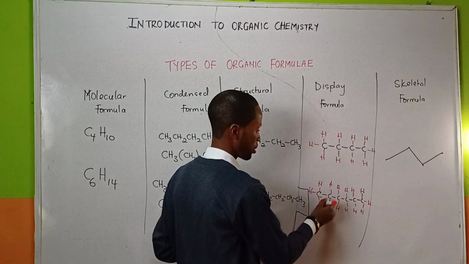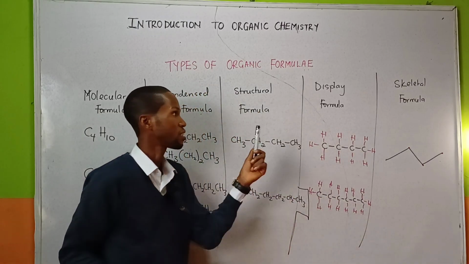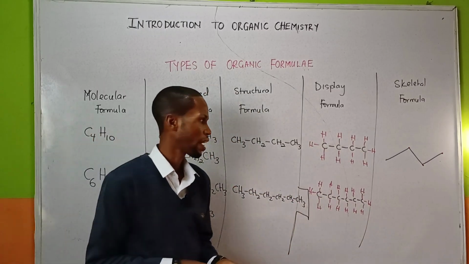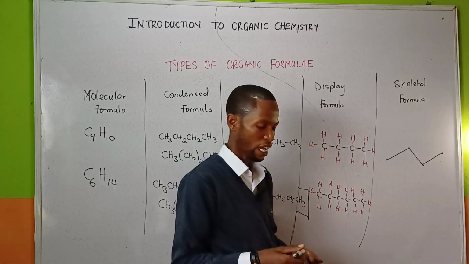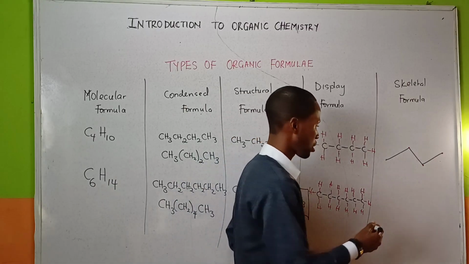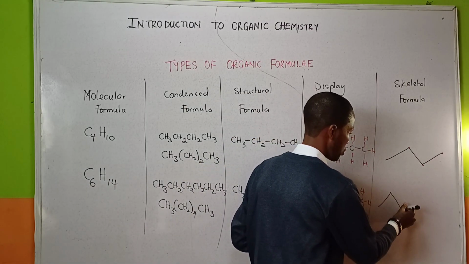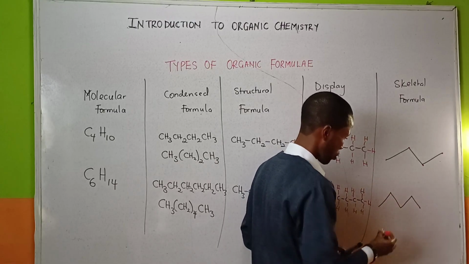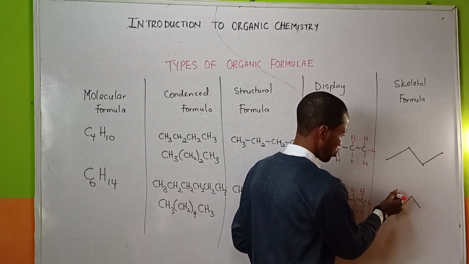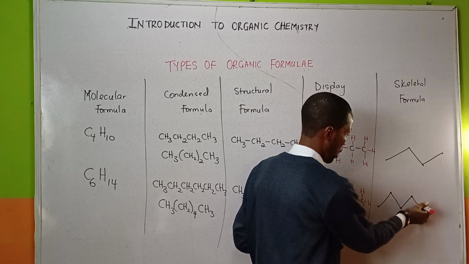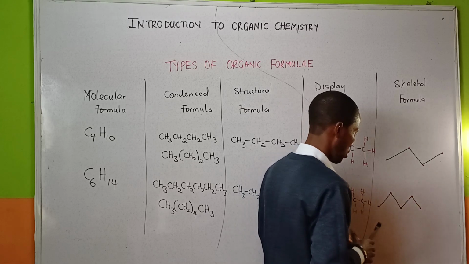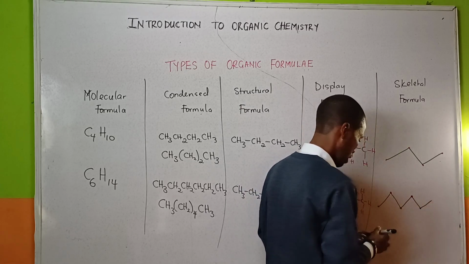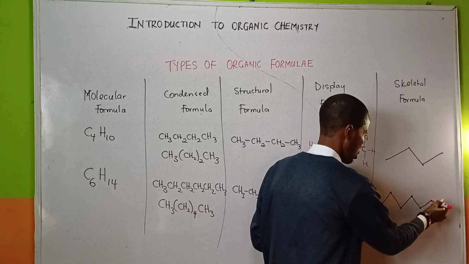Remember the tetravalency of carbon. So that is the display formula for the hexane. While the skeletal formula is written in this form. Let's count: 1 carbon, 2 carbon, 3 carbon, 4 carbon, 5 carbon. We have one more, and we have 6 carbon.